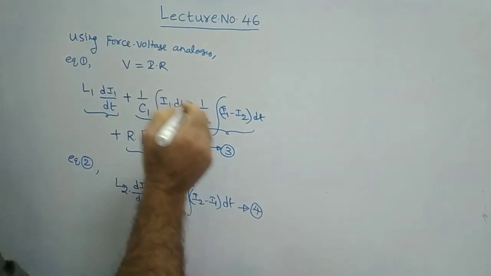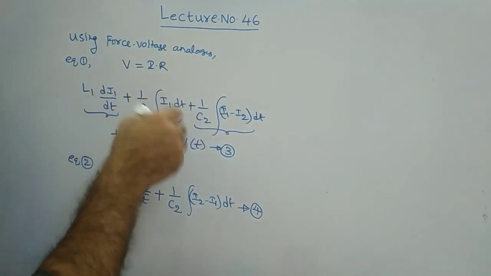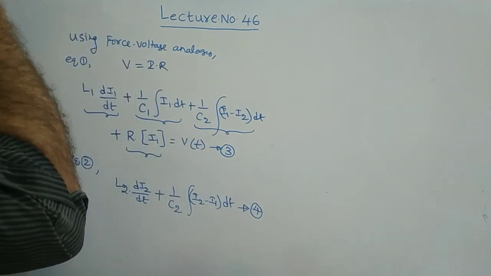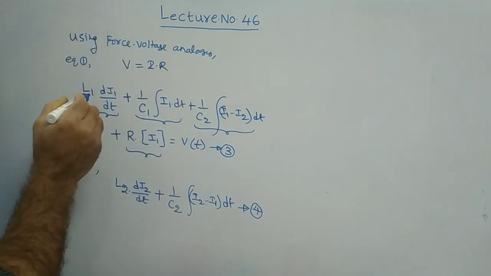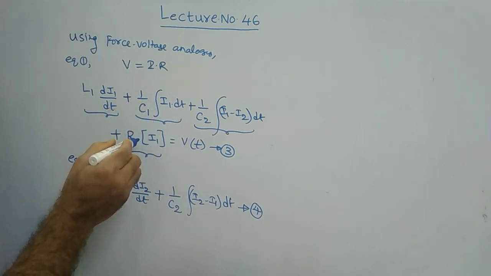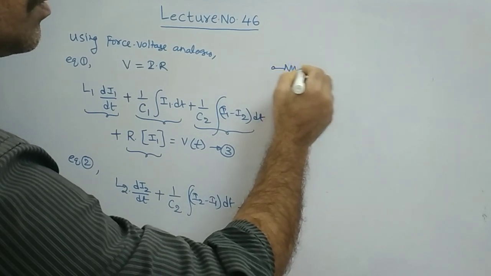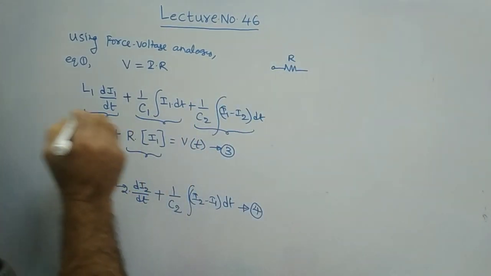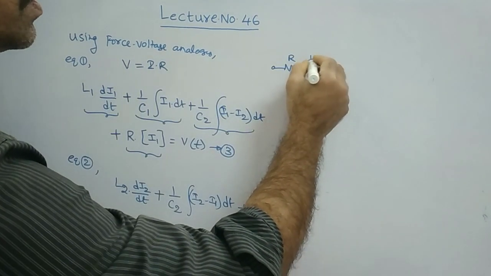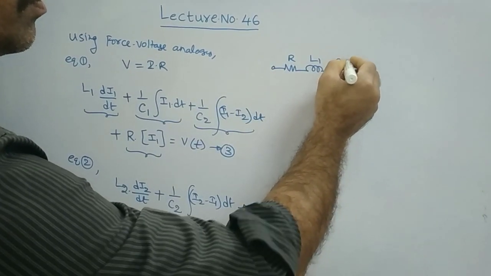So from this obviously you can say that here voltage is input, and two loops are there. In these loops we have to consider the currents. In loop form you will have V of t as the voltage, L1 is the inductance, this is capacitance, this is the resistance R. L1 is there, this is also C1.